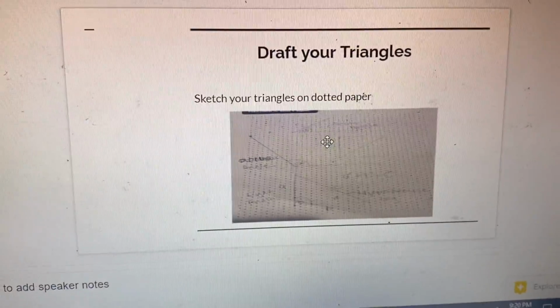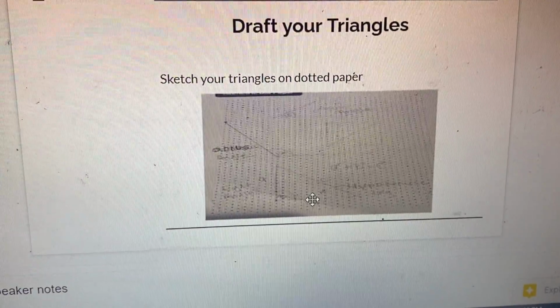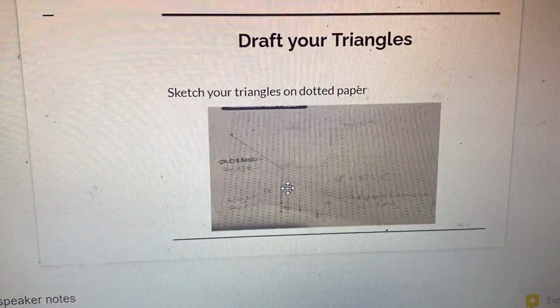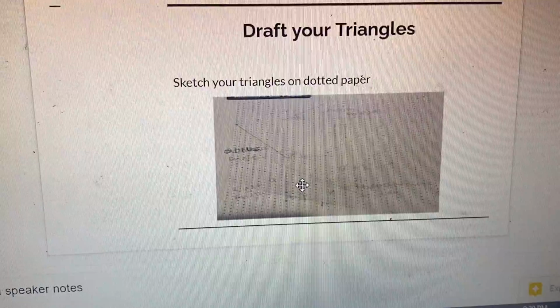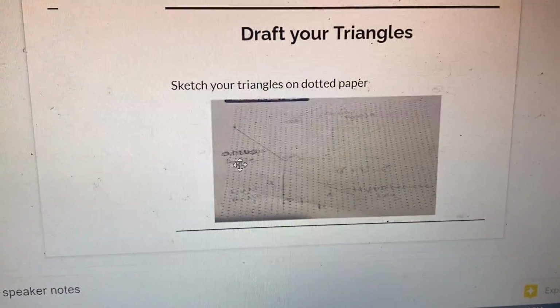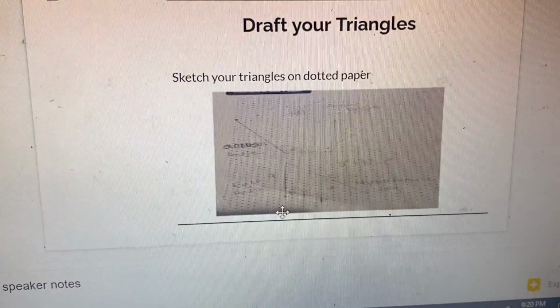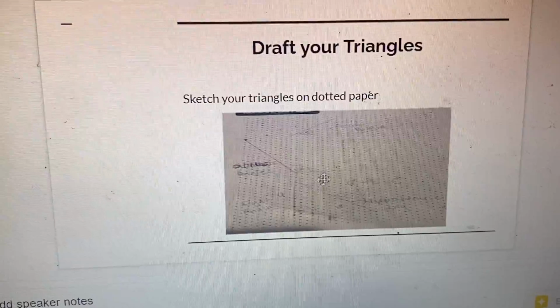Here's an illustration of triangles that I drafted out for you. I hope you will be able to see it. On this dotted paper, you have an obtuse triangle, a right triangle, and an acute triangle. I used the dots to draft them out.